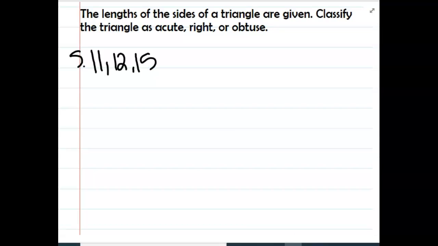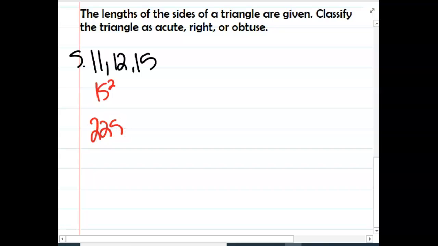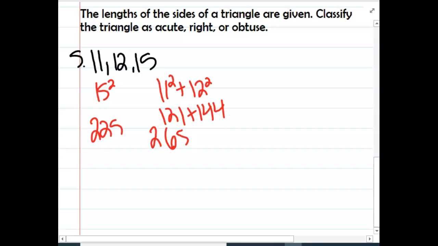So what we're going to do is take the longest side first. Which is the longest side? 15. We're going to square it. So 15 squared is 225. Then we're going to take the other 2 sides, square them, and add them. So 11 squared plus 12 squared: 121 plus 144 gives me 265.